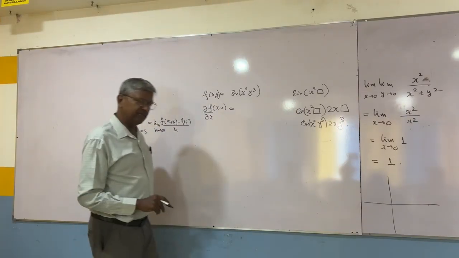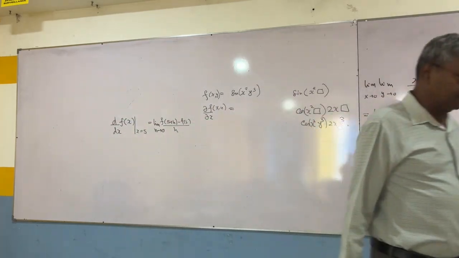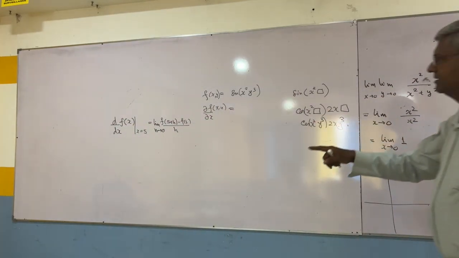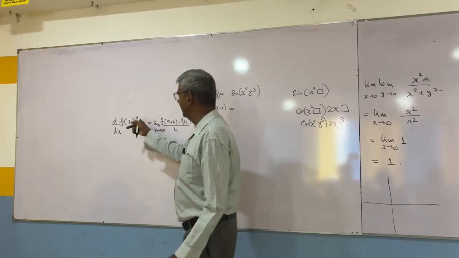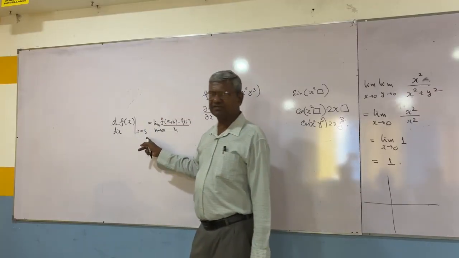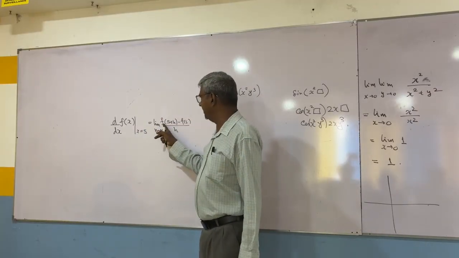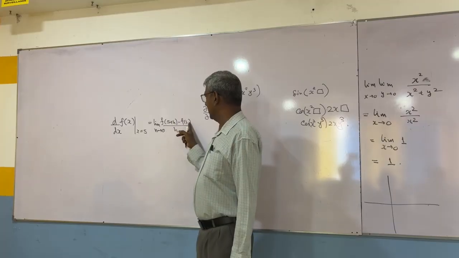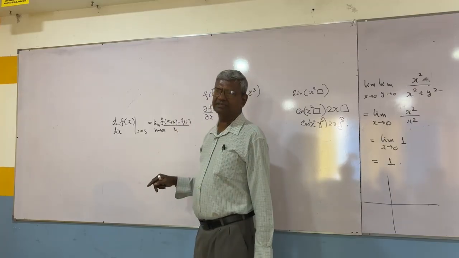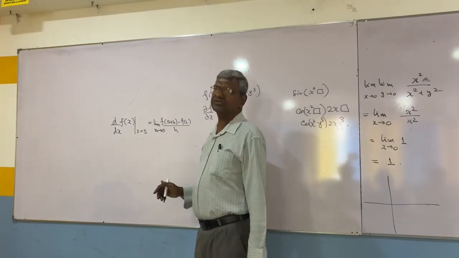We will be doing them seriously later, but this is A level. The derivative of f(x) at x equals 5 is the limit of f(5 plus h) minus f(5) divided by h as h tends to 0.